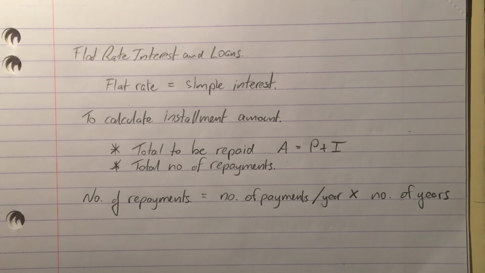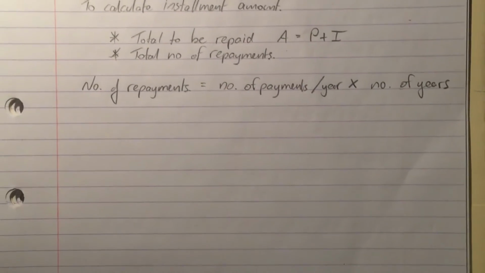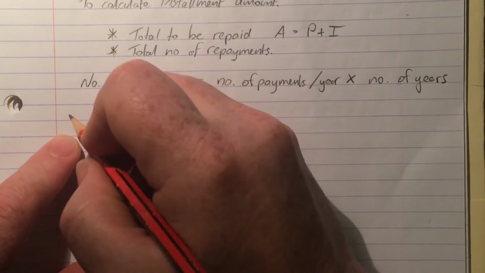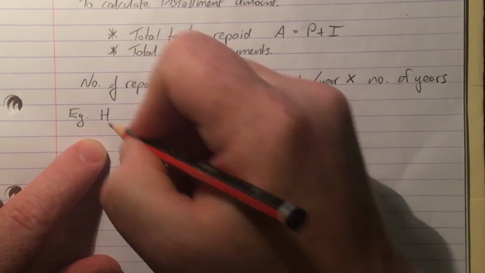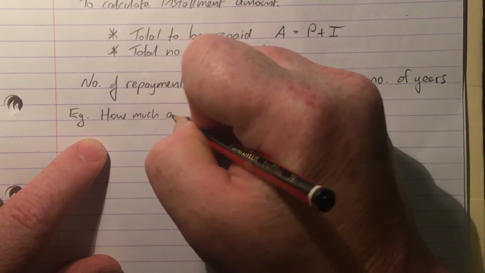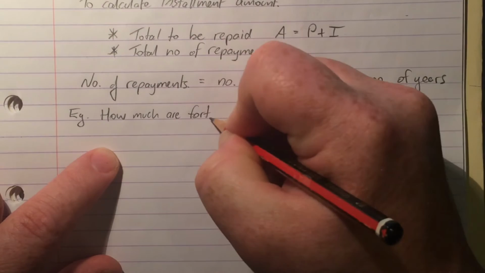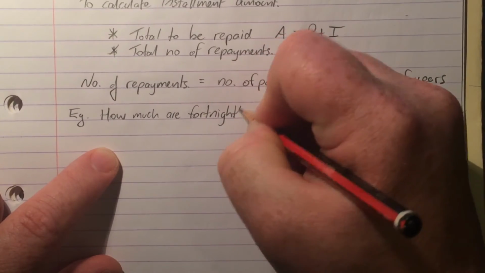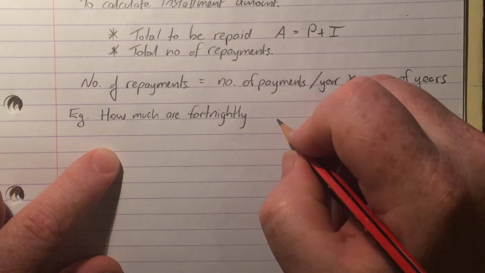Let's do an example. Let's say we want to borrow $10,000 and we need to make fortnightly repayments over 3 years.